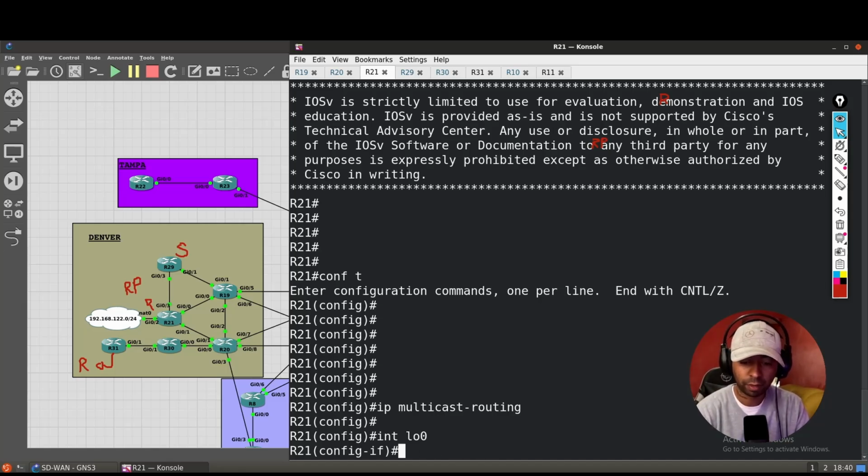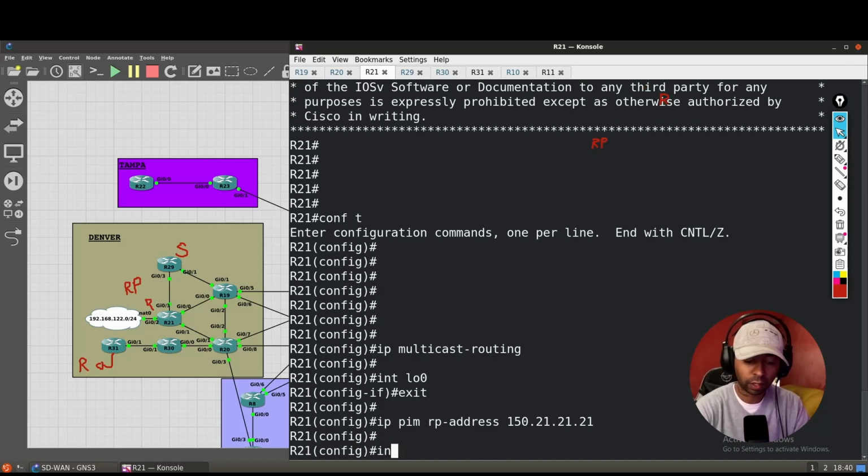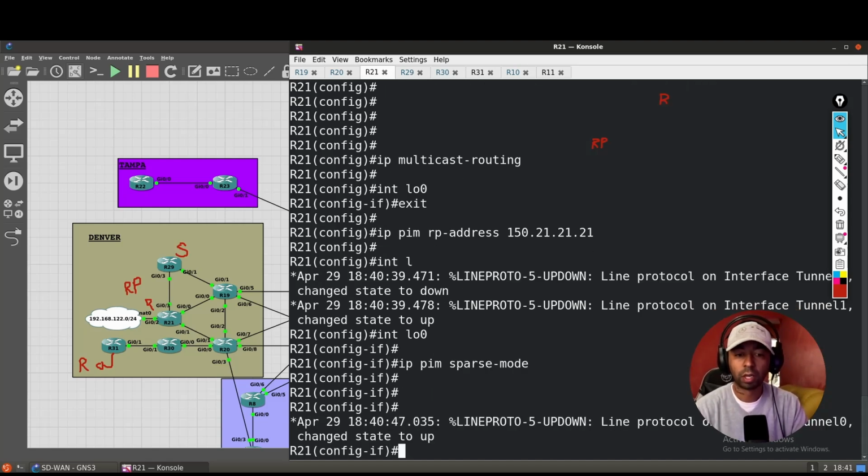But before that, we can set the router point itself: ip pim rp-address, the IP address of loopback 0, which is 150.21.21.21. Then we go to loopback 0, ip pim sparse-mode. Really good.